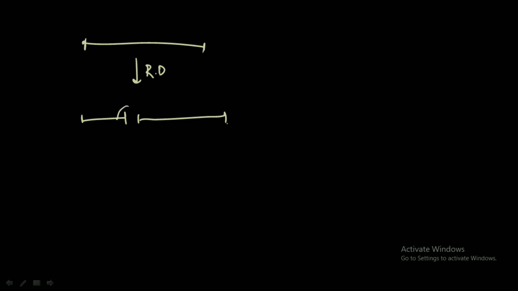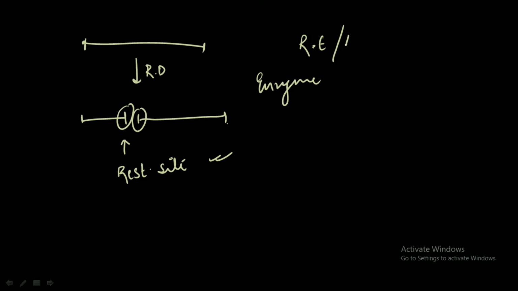The sites at which the DNA is cleaved, or where restriction digestion occurs, are known as restriction sites. These sites are specific to the enzyme that we are using, and the enzyme is called the restriction enzyme or restriction endonuclease.